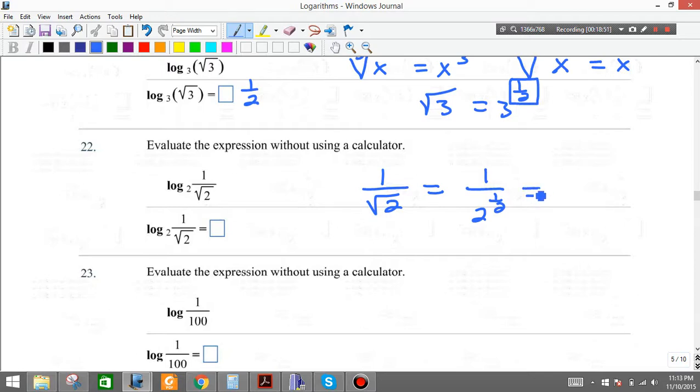But then this is in the denominator, so now the power of 1/2 is really negative. So there's certainly a 1/2 because of the square root, and because you're in the denominator, that power has to be negative. So the answer is negative 1/2.